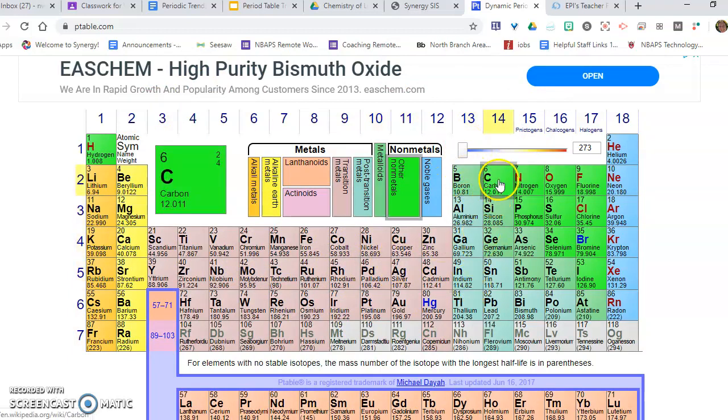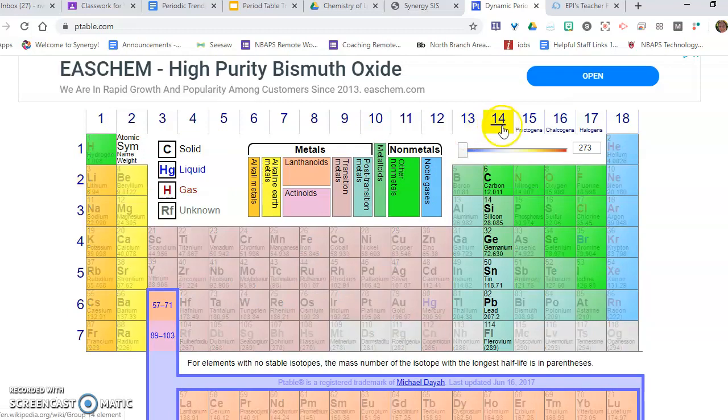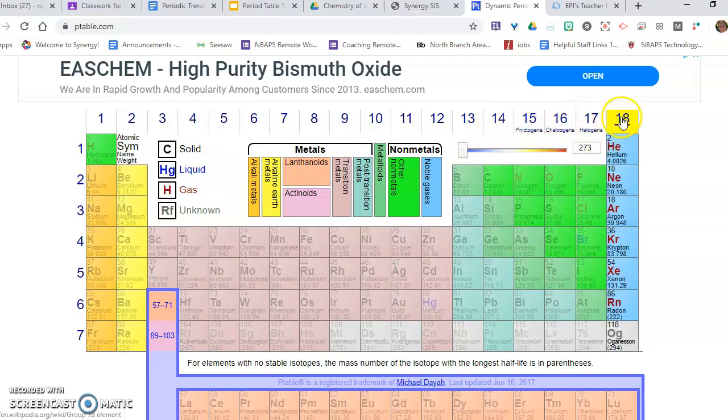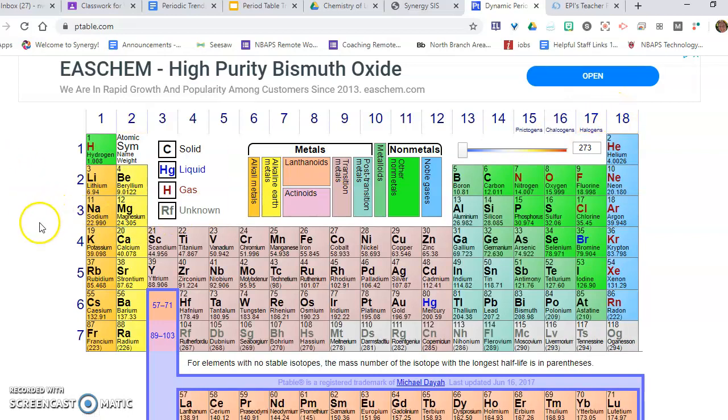Group 13 has 3, 14 has 4, 15 has 5, 16 has 6, 17 has 7, and 18 has 8, except for helium, which has 2. Okay, so it goes 1 valence electron, 2, skip the transition metals, 3, 4, 5, 6, 7, and 8. And if you have a periodic table and you want to write that on there, that would be fine.